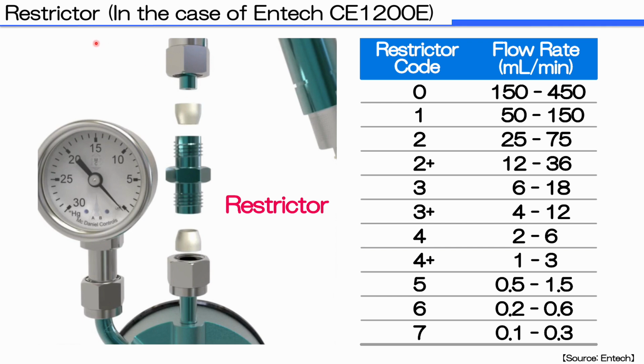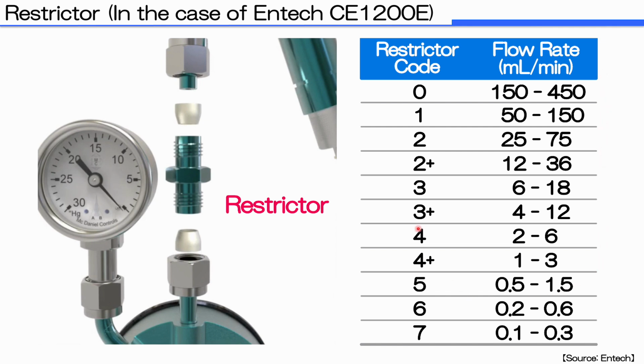By changing the restrictor, the flow rate can be varied significantly. A table of correspondence between restrictor and flow rate is provided on the right side for reference, but this varies from manufacturer to manufacturer.